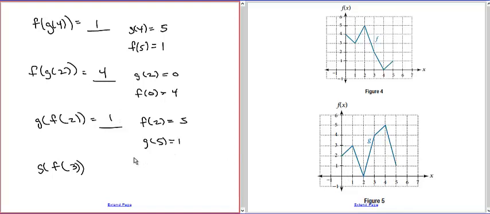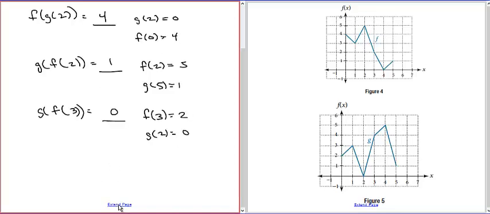So g of f of 2 is 1. And then finally here we do f of 3. So we come over here, x is equal to 3, y is equal to 2. So that's 2. So then we do g of 2. So we come over here to 2, and the answer is 0.